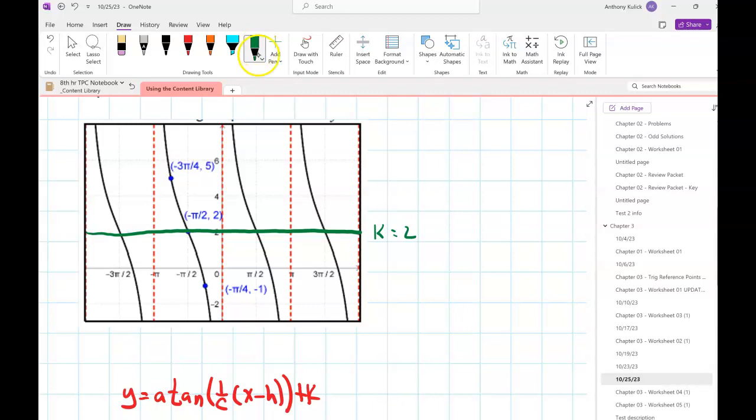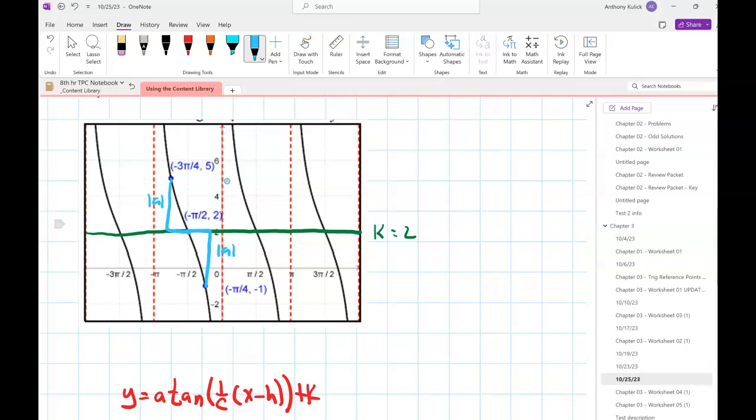Yep. All right. Next thing we're going to do is find the A value. For sine and cosine, the A value is linked to the amplitude, and it was just the distance from the maximum or minimum to the midline, right? Same kind of idea here, but this time we're looking at the distance from those other two points that were given back to the midline.